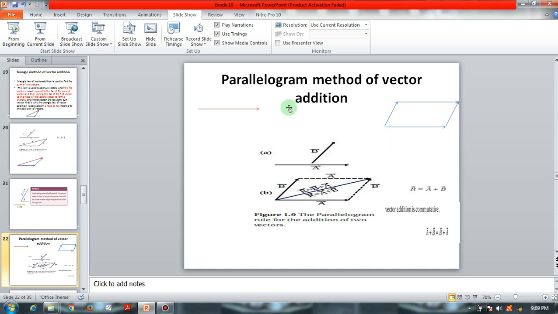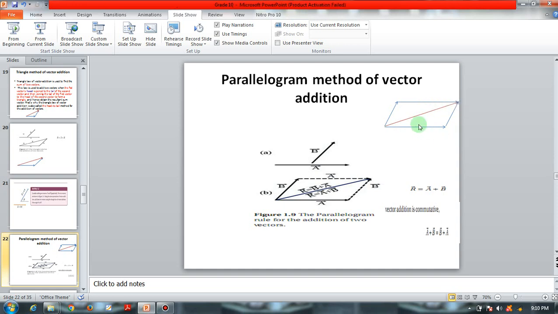So the resultant vector is here. You can draw the diagonal, and the diagonal is the resultant vector. In this parallelogram, we make two triangles.